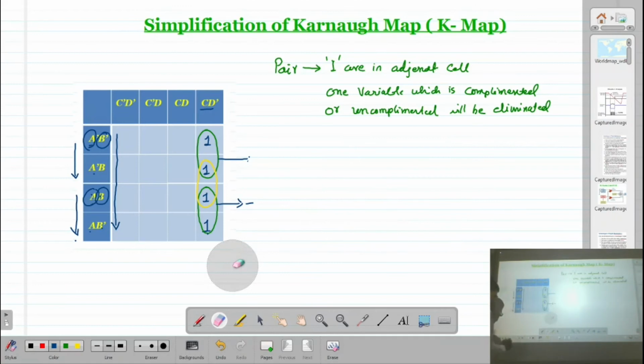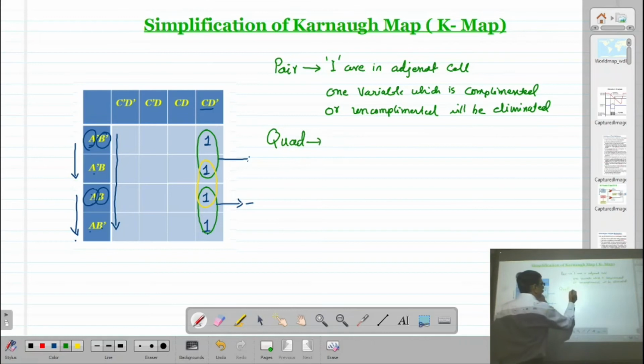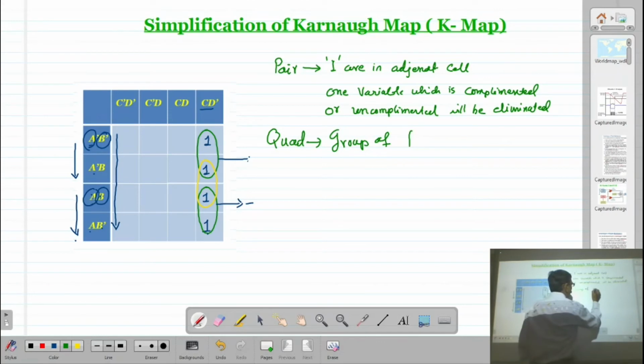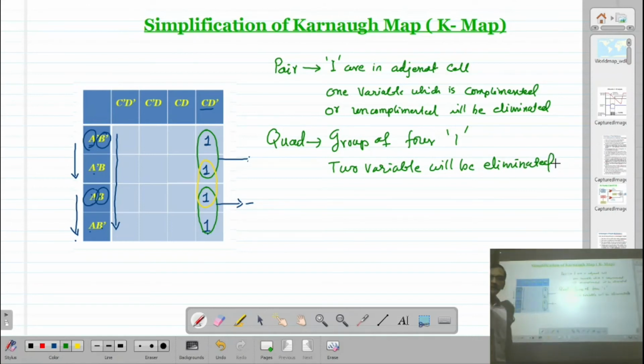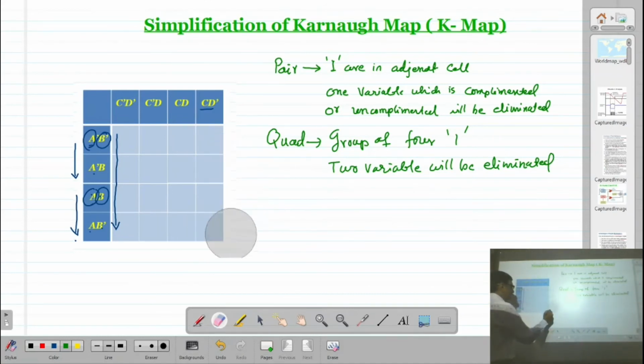Remember, a quad is a group of 4 high levels. In this case, the 2 variables will be eliminated, which are going to be complemented or uncomplemented. Correct?